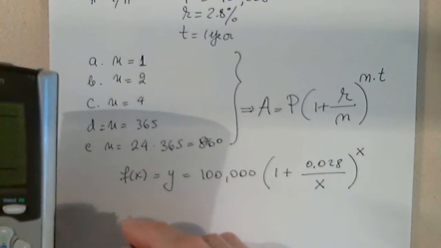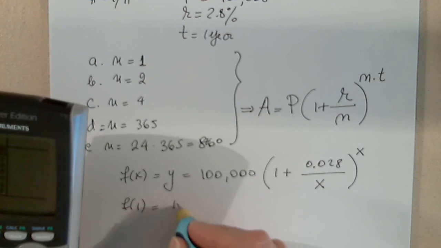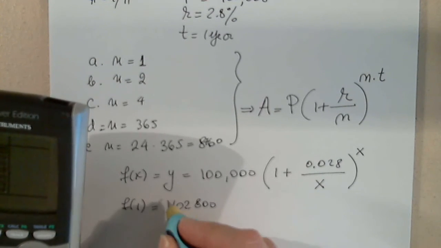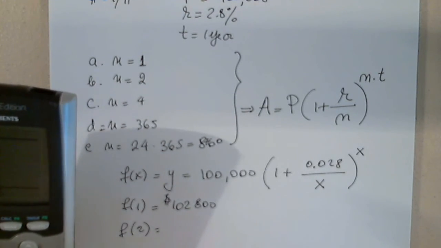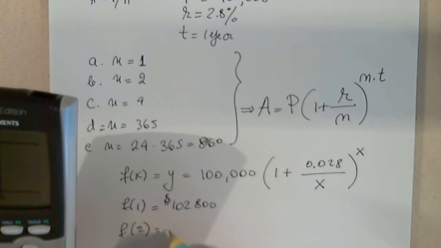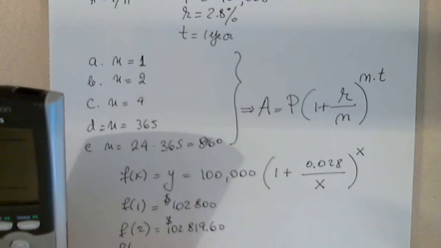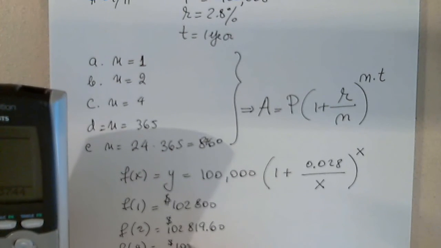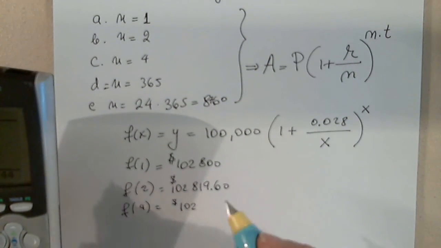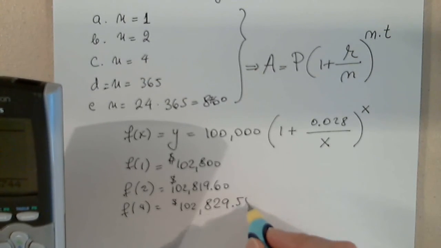So f of 1, I get 102,800. F of 2, I got 102,819.60. F of 4 is 102,829.55.